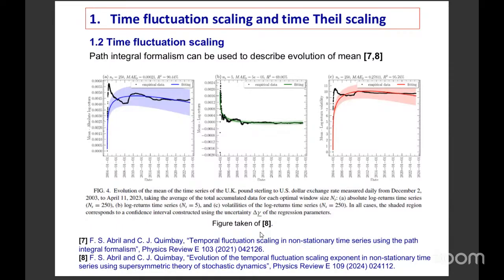We use empirical data. We establish a model founded in the path integral formalism, and it was possible to describe better the behavior in time of the mean, of the variance, and of the exponent of the power law relation in comparison with that empirical data.